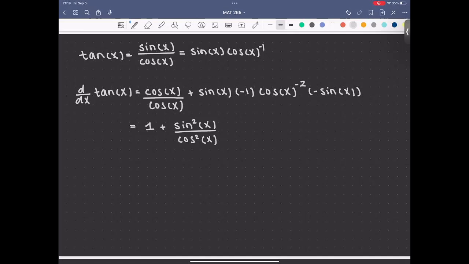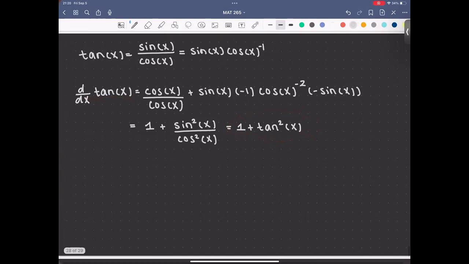And this is 1 plus tangent squared of x. But if you were to look up a table of derivatives, and you looked at the entry for tangent, this isn't likely what you would see. Let me show you how to put it in a form that you probably would see in the textbook.